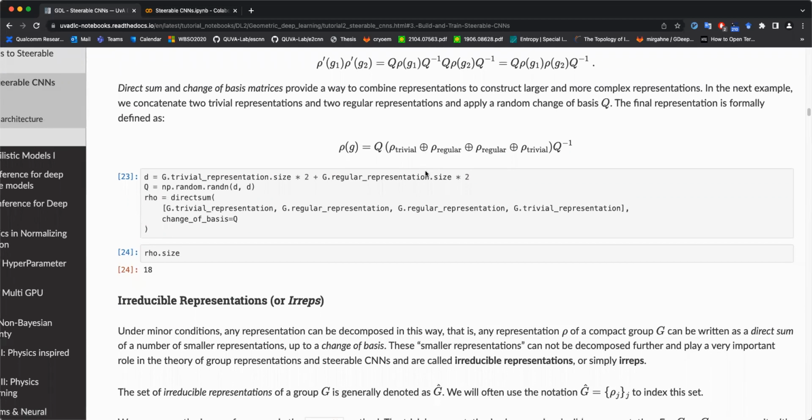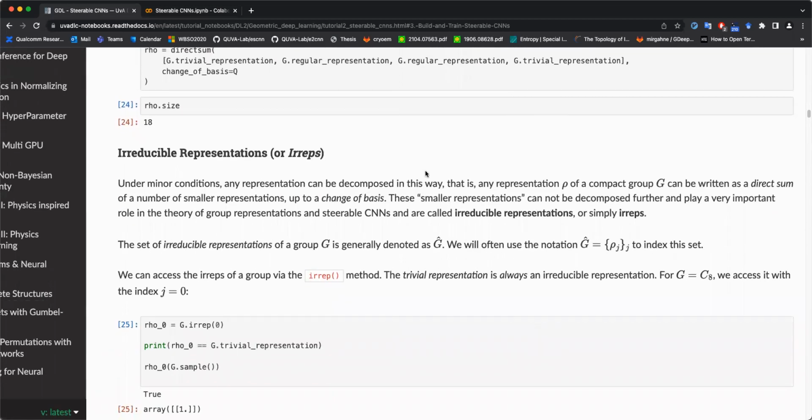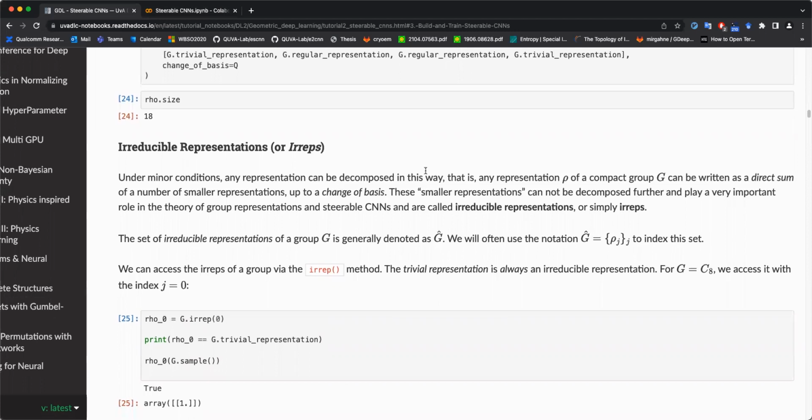Irreducible representations are those which cannot be decomposed further. The trivial representation is so simple that it cannot be written as anything smaller. It's already one dimension, so you cannot go lower than one dimension. That's the simplest example.